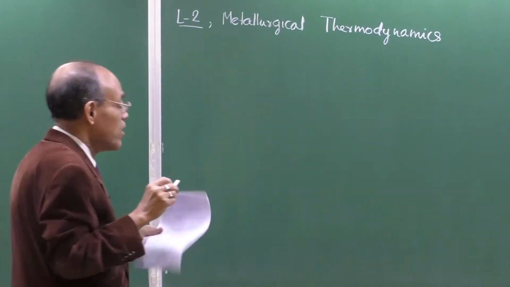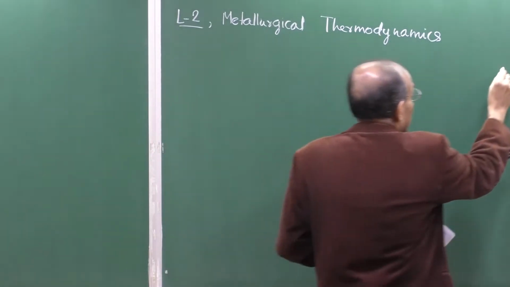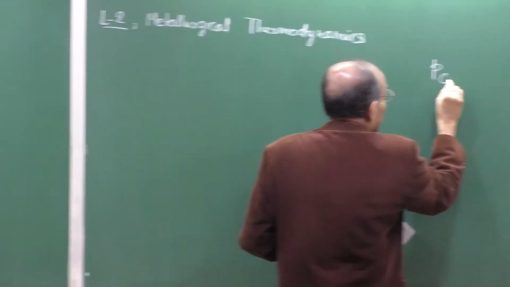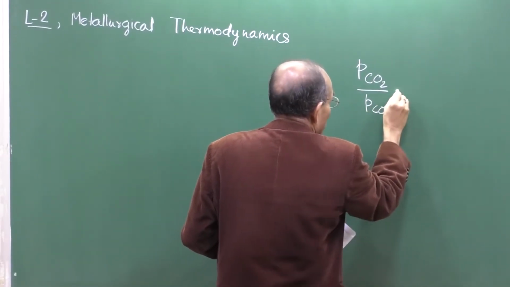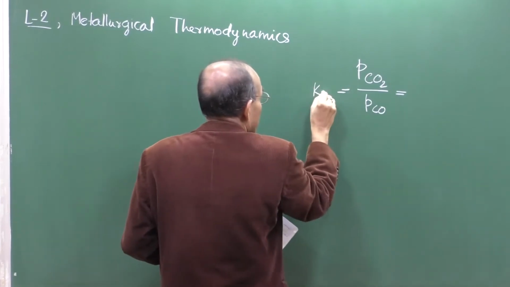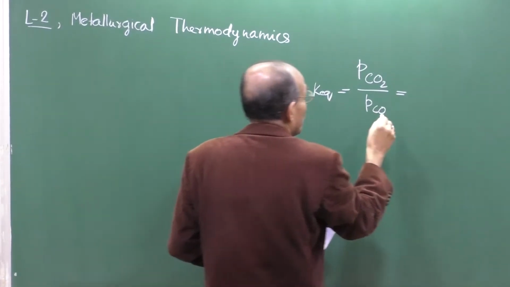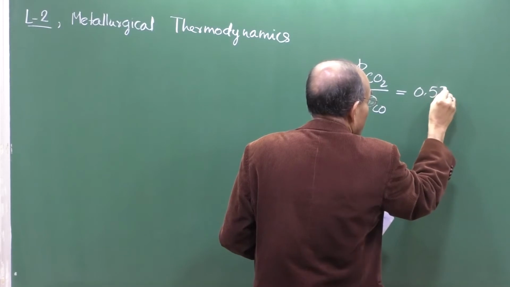Towards the end of the lecture, I very hurriedly showed this to be K equilibrium, and I found that this value of K equilibrium is equal to 0.53.